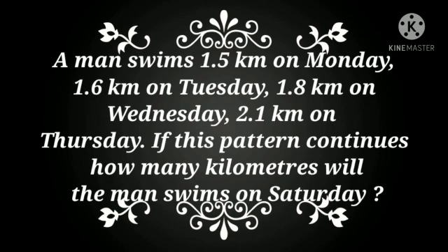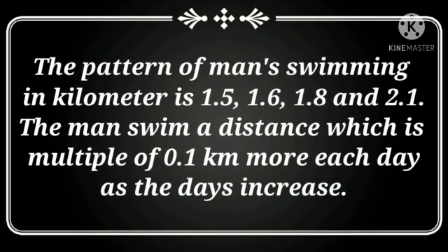So the solution is the pattern of the man's swimming in kilometers is 1.5, 1.6, 1.8 and 2.1. The man swims a multiple of 0.1 kilometer more each day as the days increase.